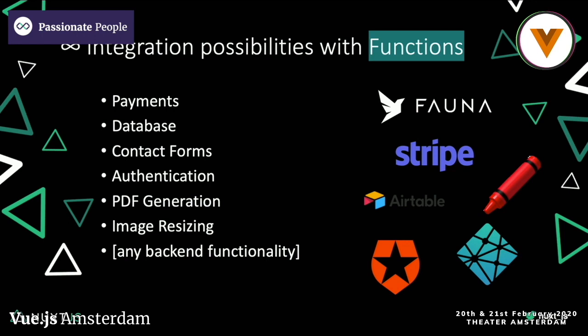Or there was a genius idea from one of our community members to generate a PDF version of the web page. We were thinking about Nuxt.js for web applications, but actually they were using it to generate PDF files. It was a quite innovative idea. And we are also working on a solution for using GIMP to do image resizing out of the box. So you can do that, or any other requirement that you can imagine.